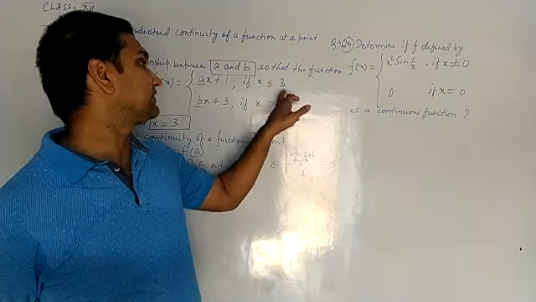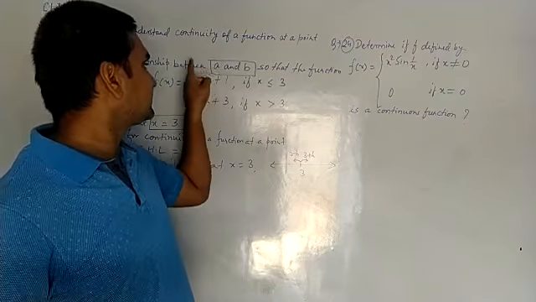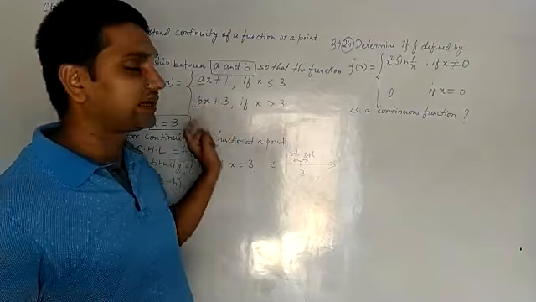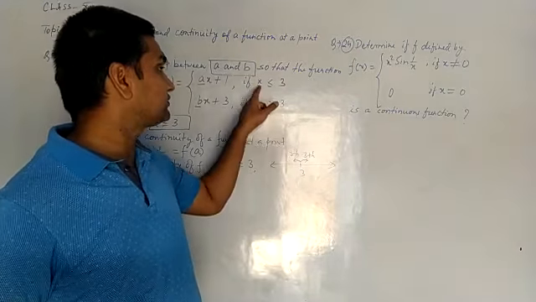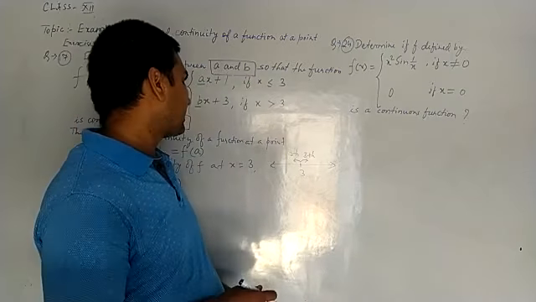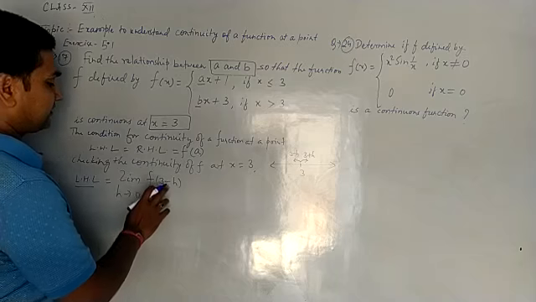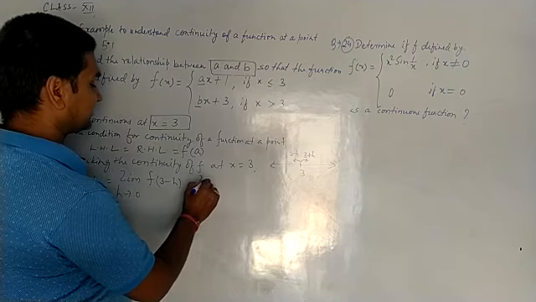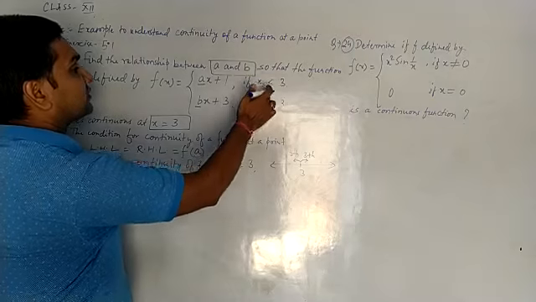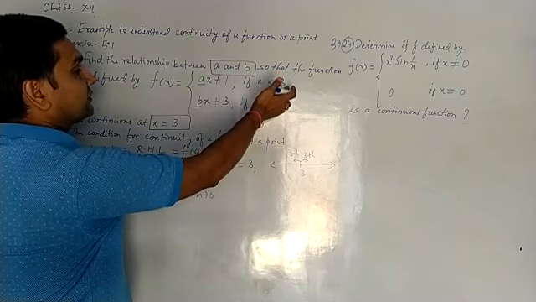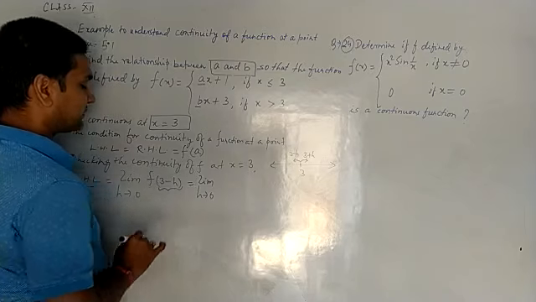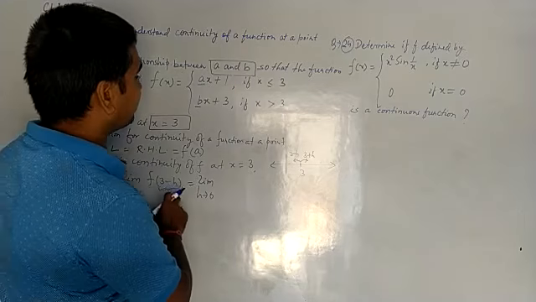For x less than 3, the function behaves like this, for x just greater than 3, the function behaves like this, and at x equal to 3, the function behaves again like the upper one. So for f(3 minus h), as h tends to 0, x is less than 3, meaning a value slightly smaller than 3, because we are subtracting something from it, that is 3 minus h.